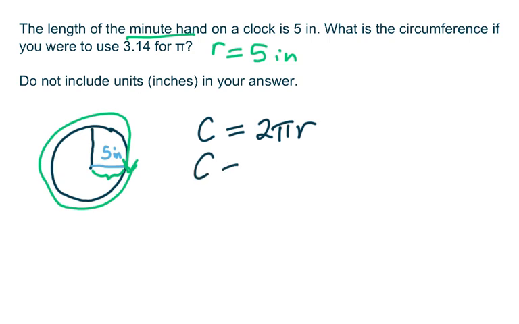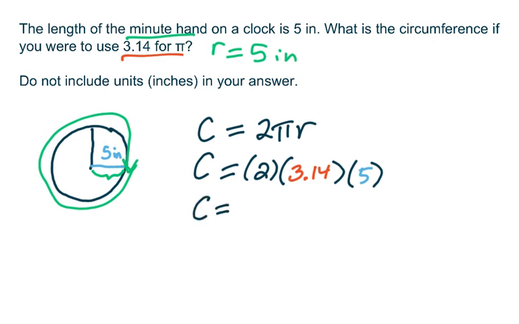So C equals 2 times, it does tell us that we should use 3.14 for pi. So I'll substitute 3.14 for pi. And then, like I said, when I looked at the picture, I realized that I have 5 for the radius. And so now I have everything I need to multiply.